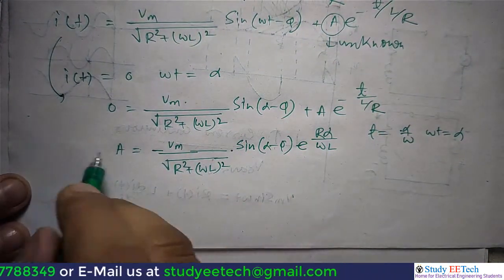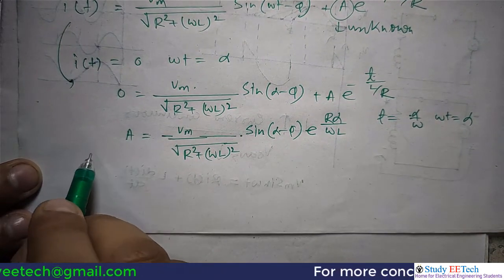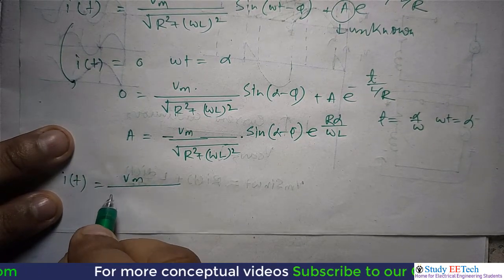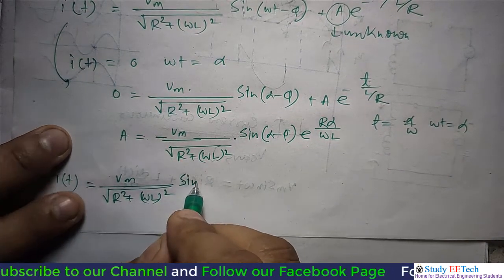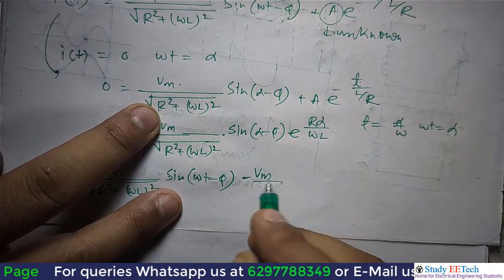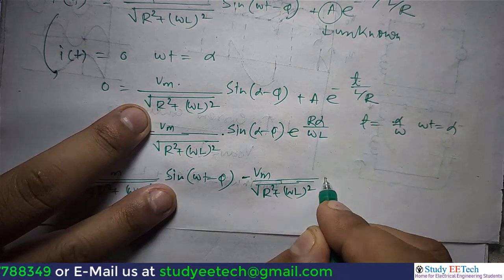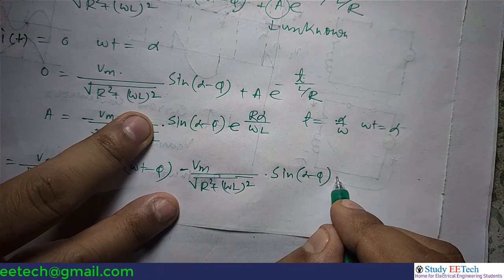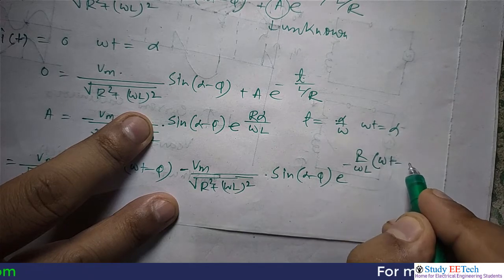Just by putting this value, we will get the equation to be i(t) equal to Vm by root over R square plus omega L whole square into sin(omega t minus phi) minus Vm by root over R square plus omega L whole square into sin(alpha minus phi) into e to the power minus R by omega L into (omega t minus alpha).